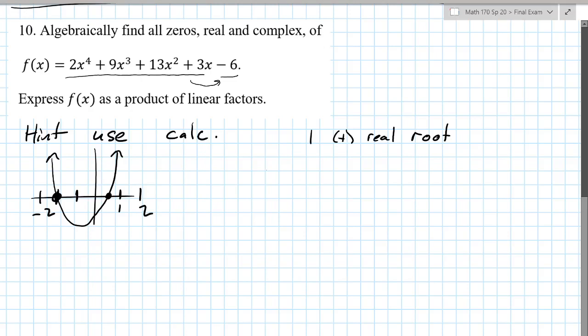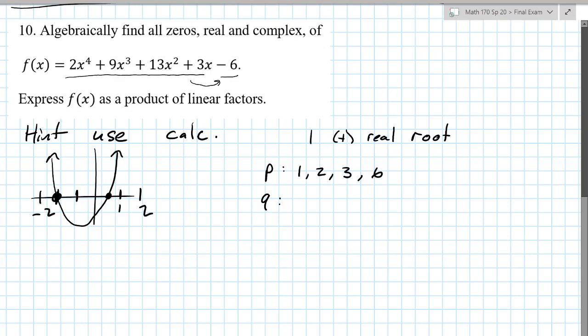Then we can use the P over Q theorem, which tells us what we should look for in our rational roots. So P is our negative 6, or our 6. It's our constant term. So we want the factors of 6, which are 1 and 6, 2 times 3.